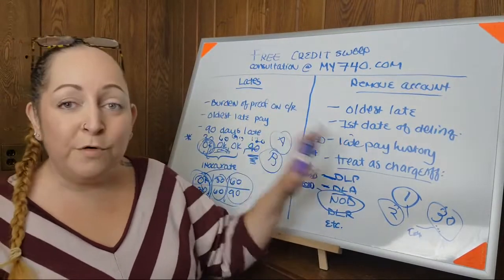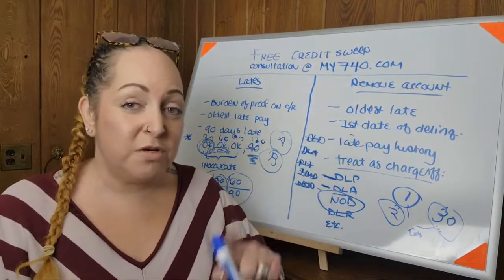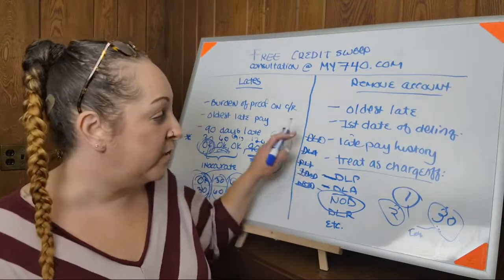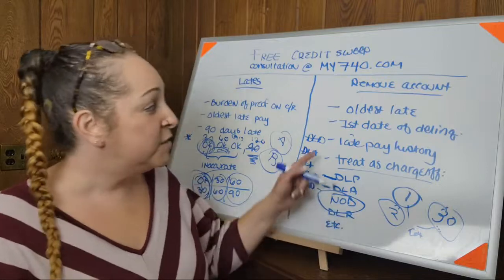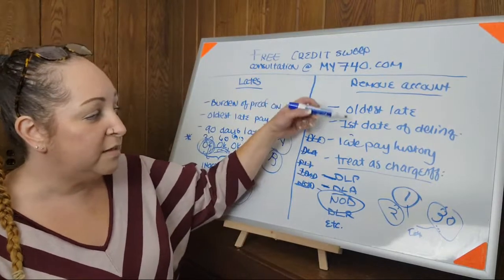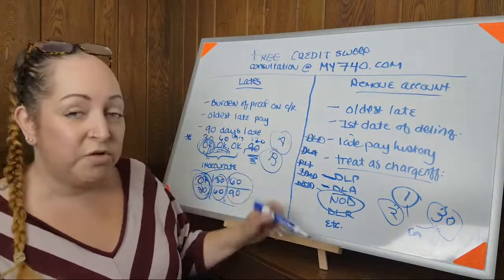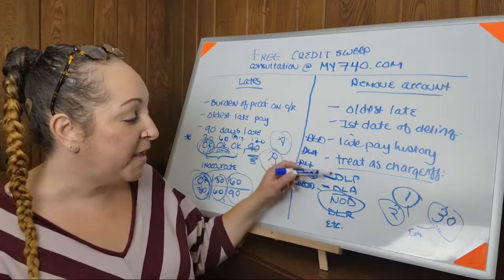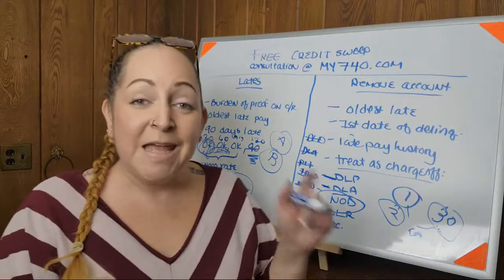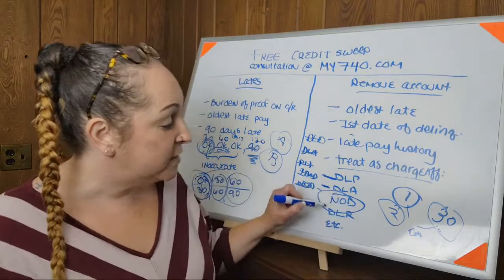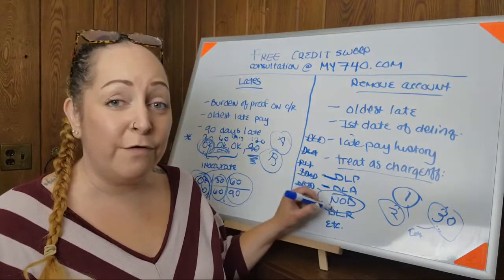If you're going to remove the account, you are not first going to treat it as a charge-off, meaning going down the hierarchy, you are actually first going to go after the payment history, okay? So oldest late payment, first day of delinquency, late payment history, and then we're going to treat it as a charge-off with the date last paid, date last active, notice of dispute, date last reported, etc., okay? And again, the key to removing the entire account is the notice of dispute.